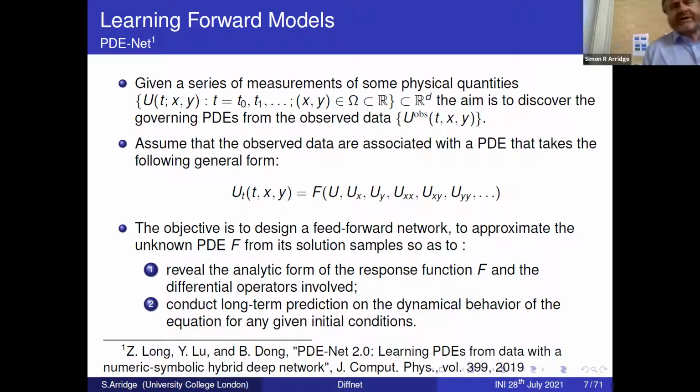So this general form covers quite a lot of known PDEs. And their aim is to design a feed-forward network that approximates PDEs from a solution of samples over time. So you have observations of a state as a function of space and time, and then learn an appropriate PDE that describes that.